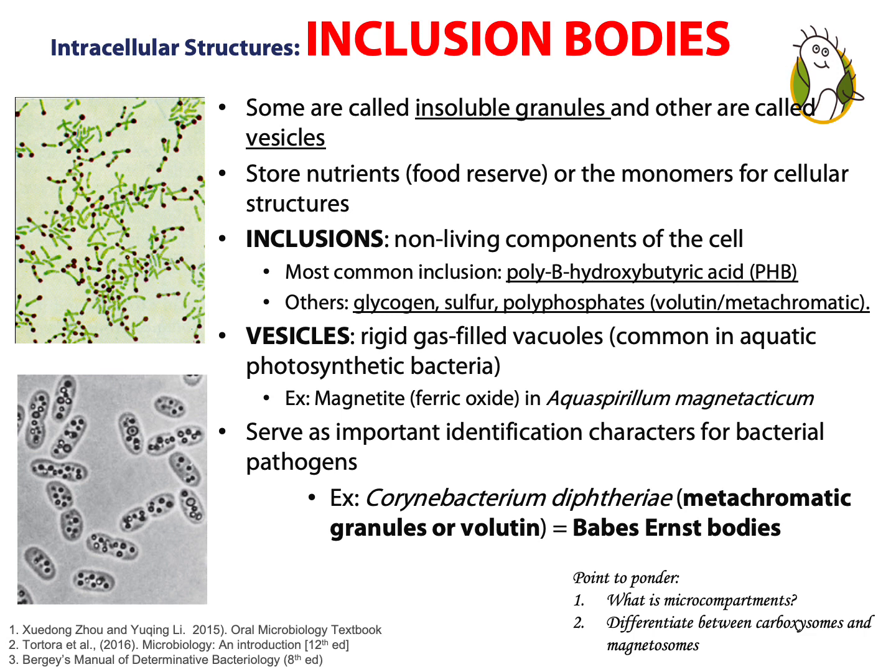Other inclusion bodies you have are glycogen, sulfur, and polyphosphates, also called volatile or metachromatic granules. Your vesicles are rigid gas-filled vacuoles which are commonly found in aquatic photosynthetic bacteria.